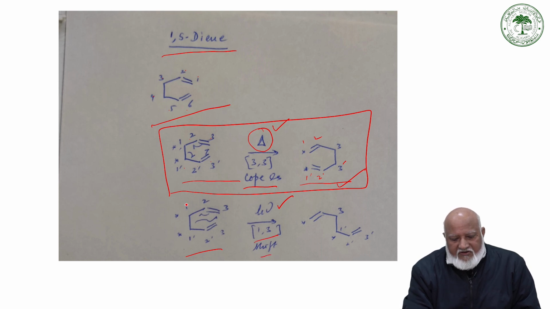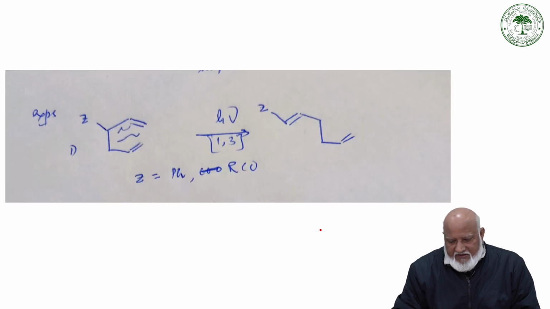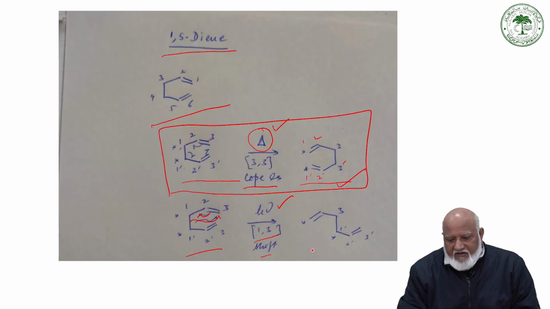If we number this 1, 2, 3, 1 dash, 2 dash, 3 dash, there is a cleavage of this bond and shifting of the double bond. You can see the new double bond is created between carbon number 1 and 2, a new sigma bond is created between carbon number 1 dash and 3 dash, and a new double bond is created between carbon number 2 dash and 3 dash.